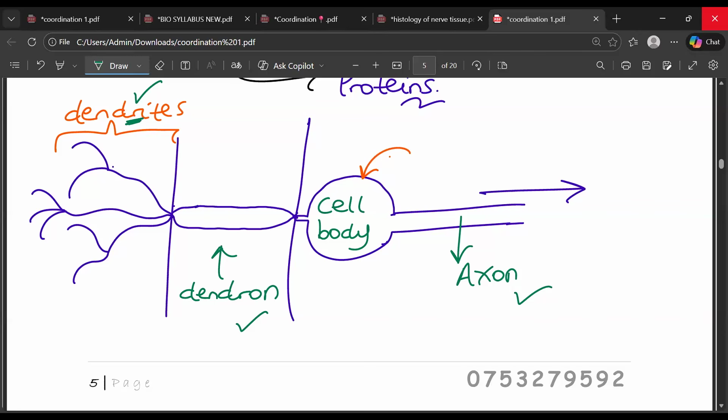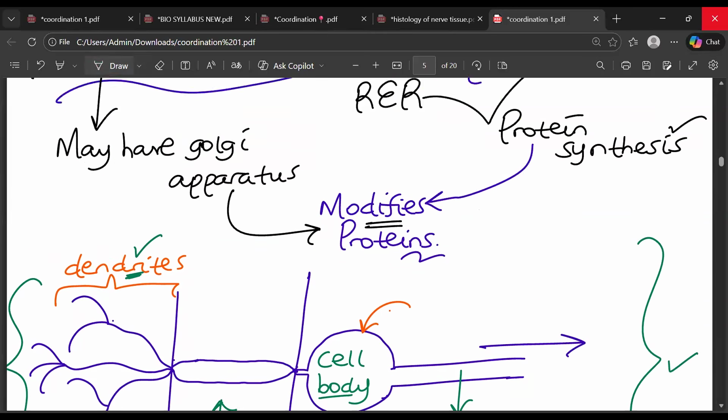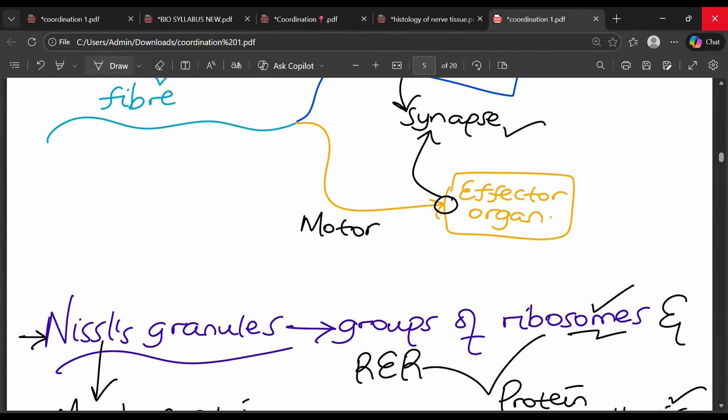And you know the axon: this is the axon and this is the cell body, so it's away from the cell body. If you know this cascade, then whatever you read about them, you never forget. It won't be confusing. I told you about the synaptic knobs, and you know where they are.